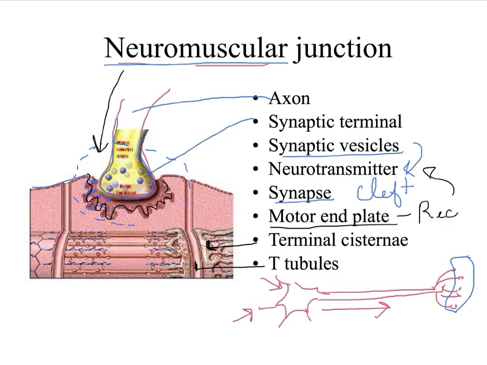It's going to cause these vesicles containing neurotransmitters to dock on the end of the membrane here. It's going to release the neurotransmitter into the synaptic cleft. The neurotransmitter is going to bind to receptors on this motor end plate, and that's going to cause the information to be passed down the sarcolemma and down the T-tubules to tell the muscle to contract.